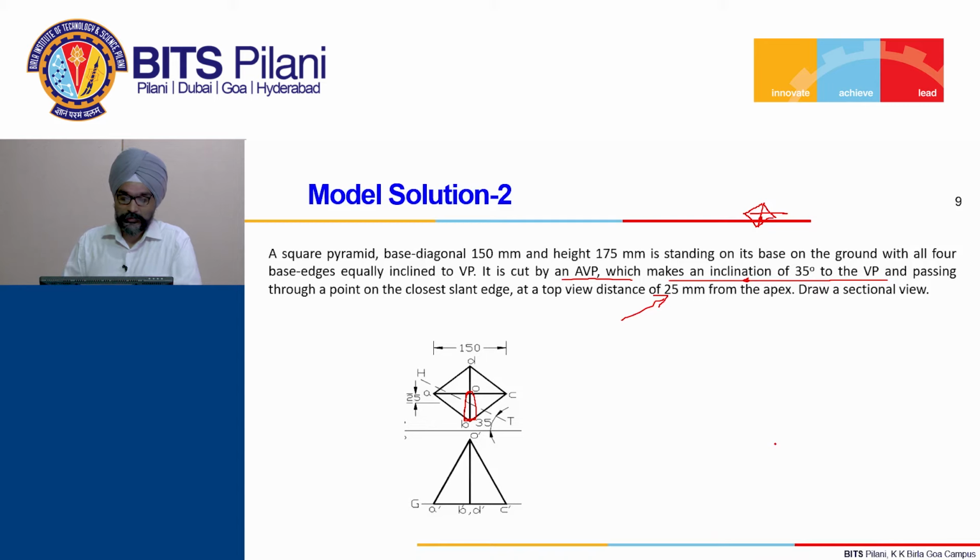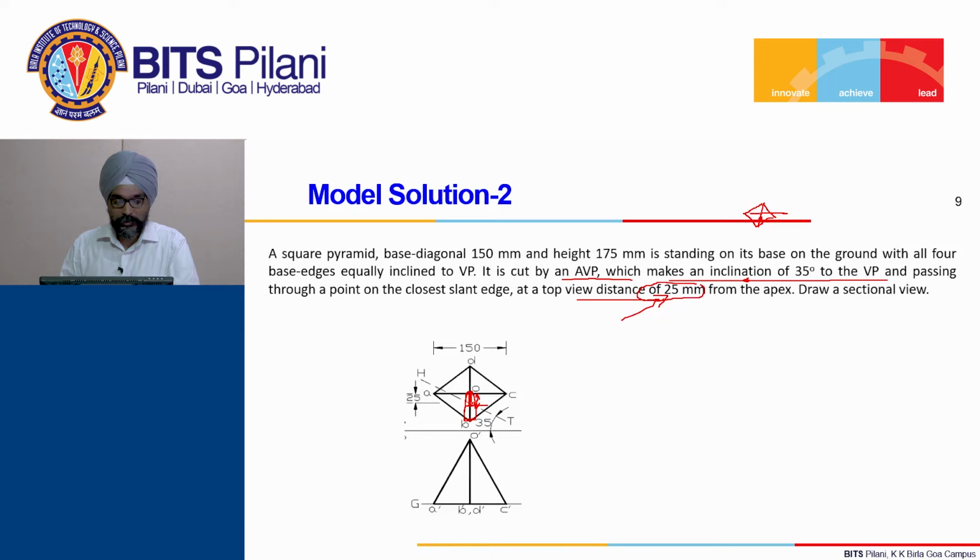If this is the edge closest to you at a top view distance of 25, that means in the top view we have to measure 25. It's not the actual distance along this slant edge. It is the distance visible in the top view, or apparent distance. In the top view it is 25.